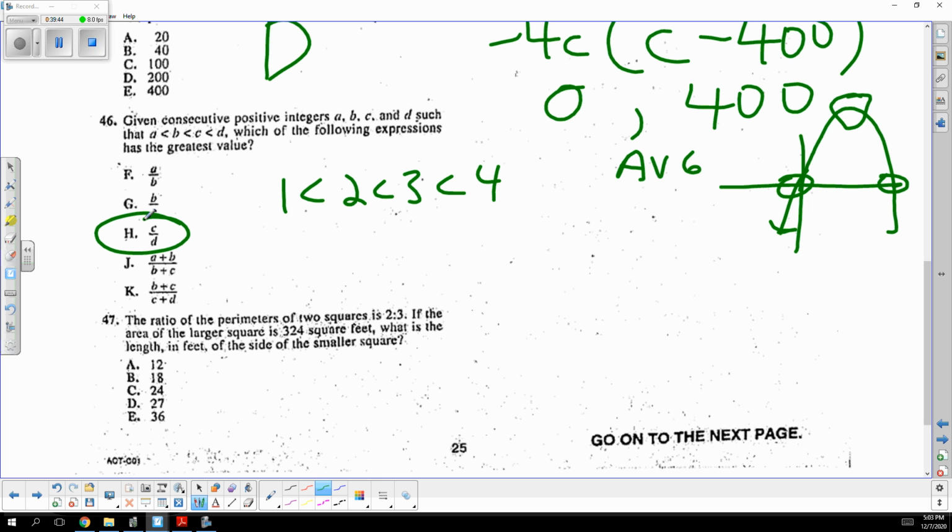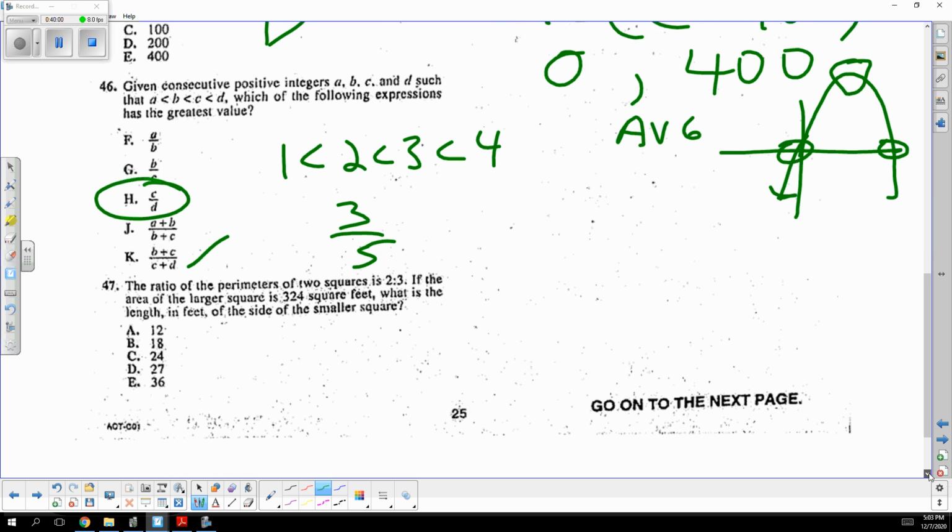A plus B would give me 3 over 5, and that's smaller than 3/4, as well as this one. So what I did is just put the numbers and got it.